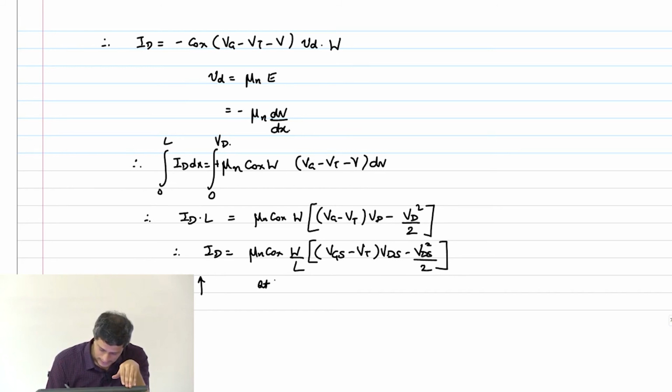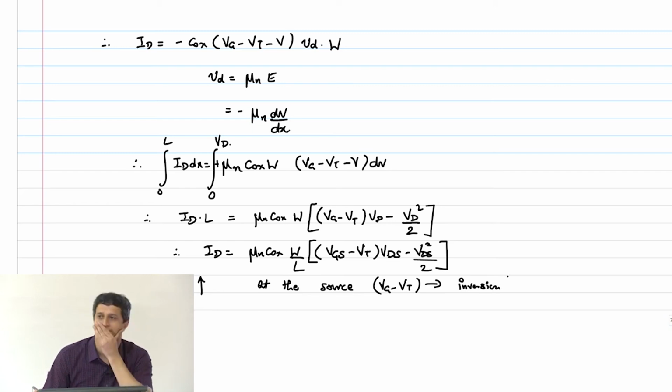So at the source, Vg minus Vt, right, will cause inversion. So effectively it's just Vg minus Vt that is able to cause inversion there. My question was ill-formed. At the drain, what will happen? Vg minus Vt minus Vd.